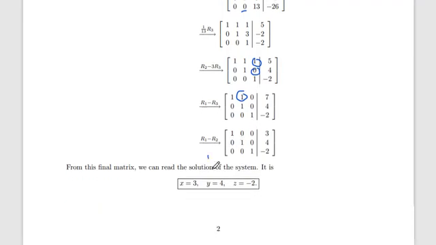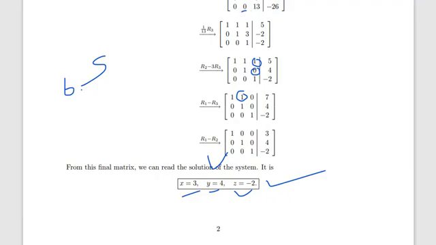So we have the identity matrix and we directly have the answer: x is equal to 3, y is equal to 4 and z is equal to -2. So in Gauss-Jordan we have a direct answer, but in Gaussian elimination, with the help of back substitution, we have to solve the equations to get the answer.